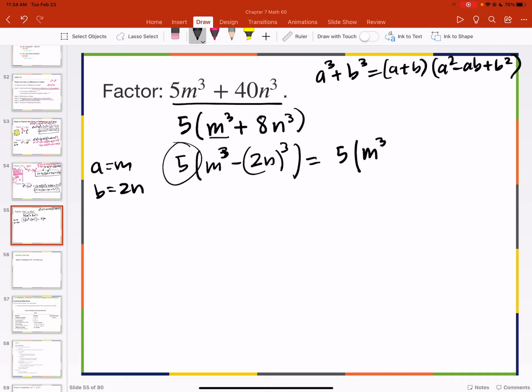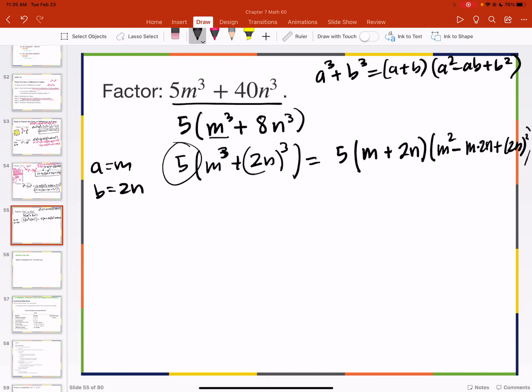So m cubed minus, I'm sorry, a plus b. Why did I put a minus sign? Sorry about that. This is a plus. So m plus 2n. Then a squared, so m squared minus m times 2n plus 2n squared.